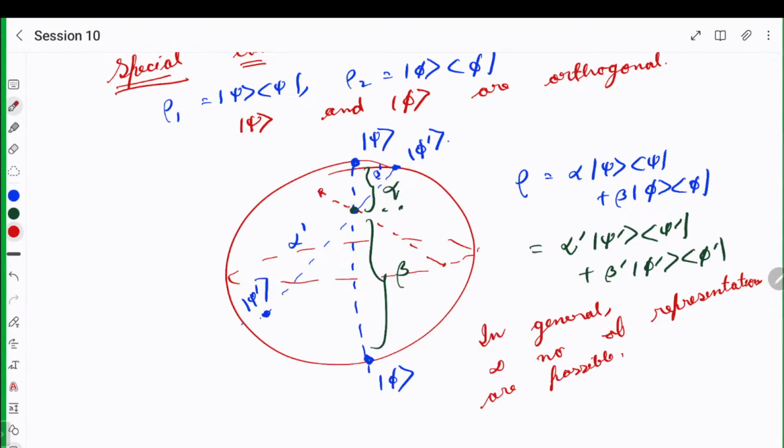But for this particular rho that we have taken, which is not at the center, we can show that there is a unique representation in terms of orthogonal states. So there's a unique orthogonal representation.